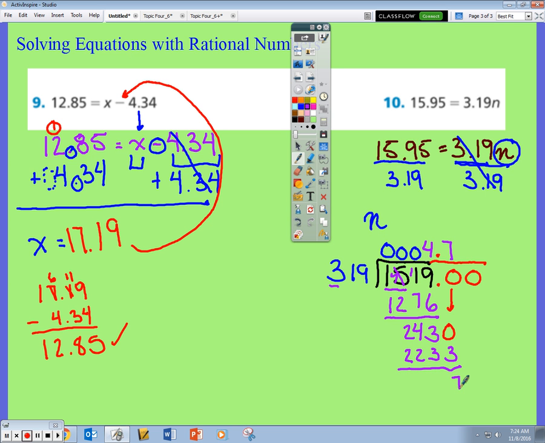I get 7. That becomes a 12, which gives me 9. This becomes a 1, which gives me 1. Now, I'm going to annex another 0. Annex another 0. Now, I'm going to tell you this problem right now gives you an irrational number.